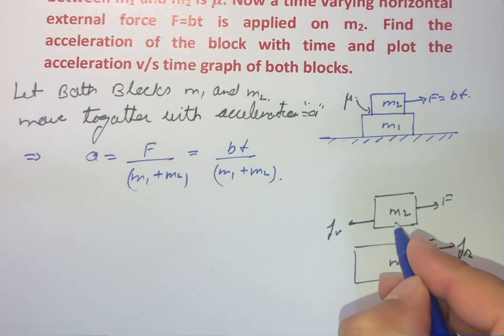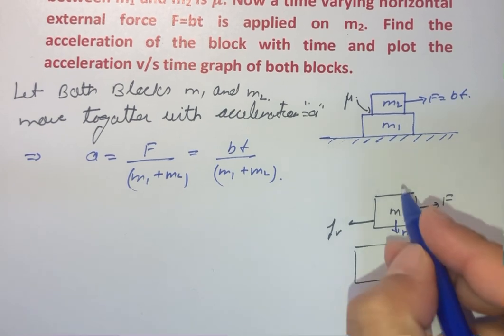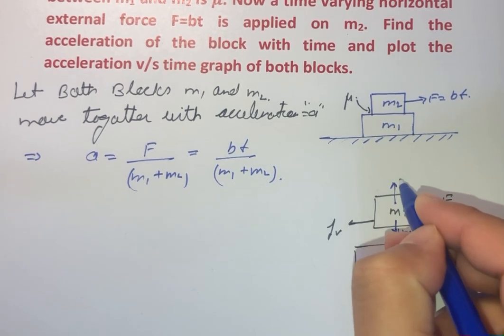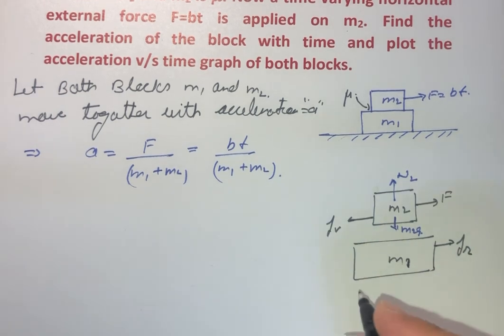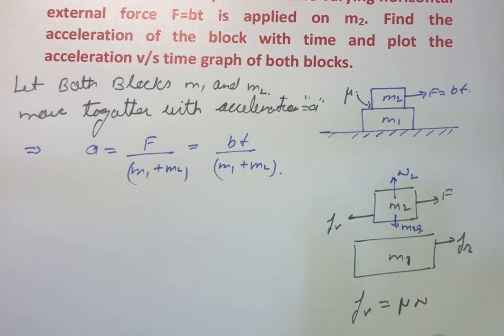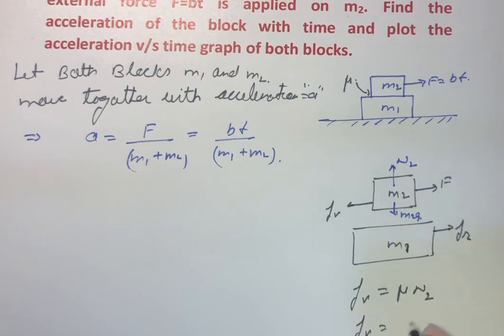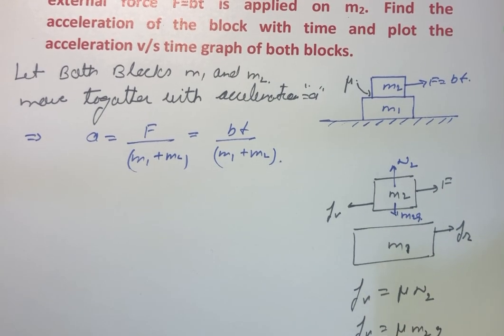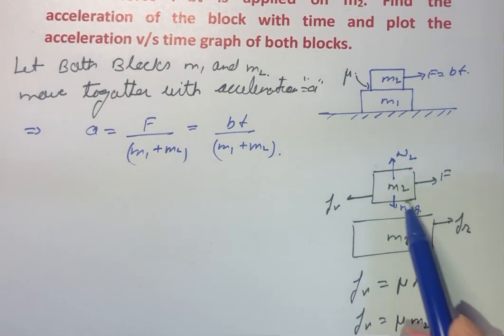There will be m2g acting for m2, and there will be a normal, let us call that n2, on m2. So based on this, our Fr will be equal to mu n2, and if you put n2 equal to m2g, this will be mu m2g. So this is our frictional force which will be acting on m1 as well as m2.